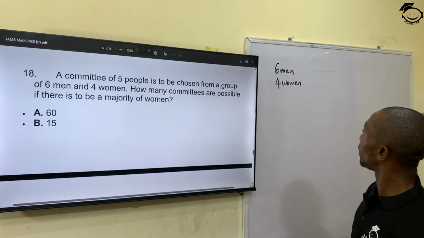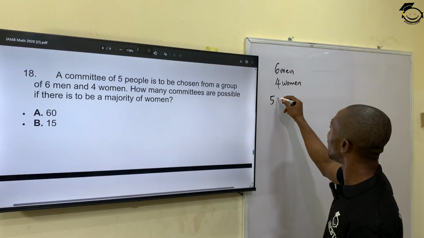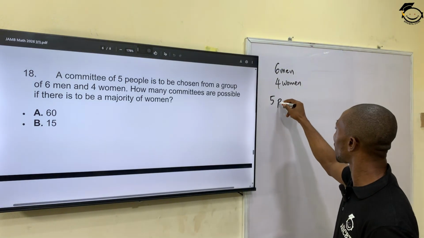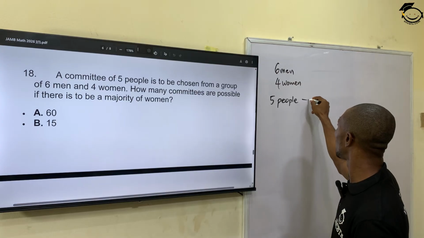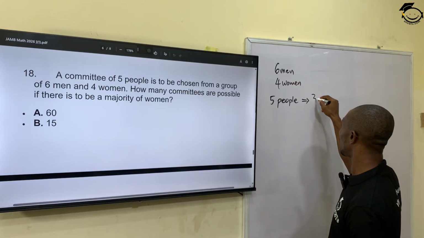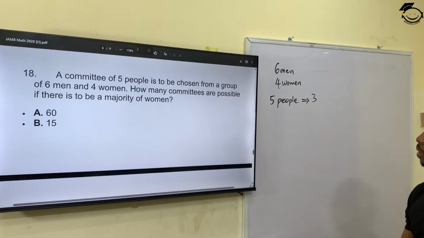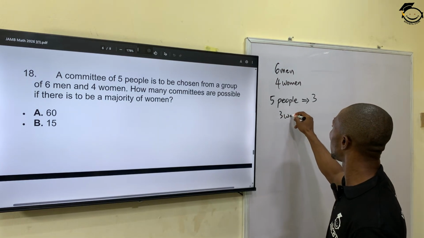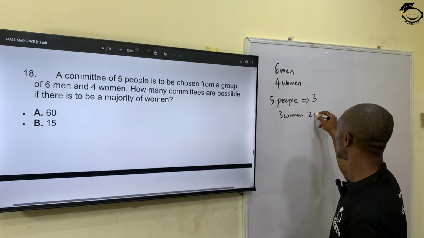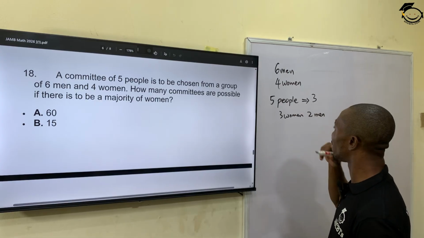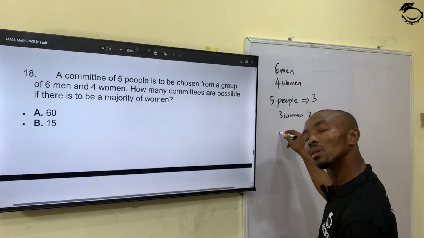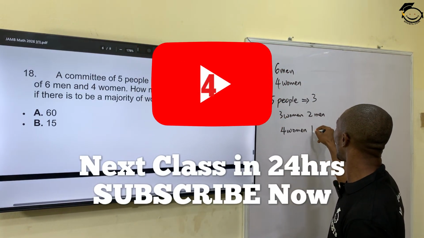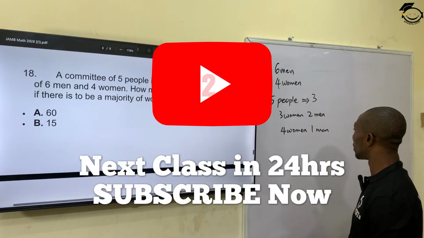Now, for there to be a majority of women in a 5-people committee, that means the least number of women would be 3. So if we are having 3 women, then there will be 2 men. And if we are having 4 women, then we are having 1 man.